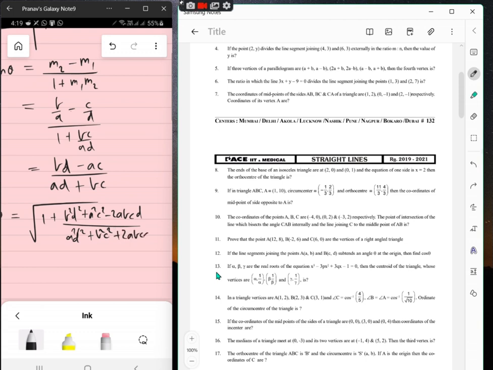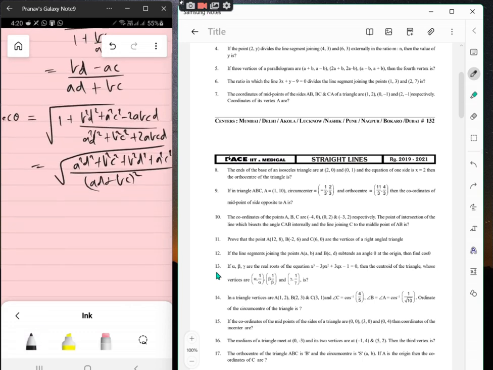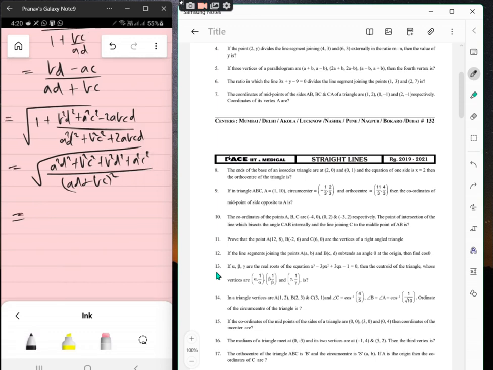plus 2abcd. And this will be square root of a squared d squared plus b squared c squared plus b squared d squared plus a squared c squared upon, well, this guy we already know is just ad plus bc squared. And look at it, we can factor out some stuff, I think.